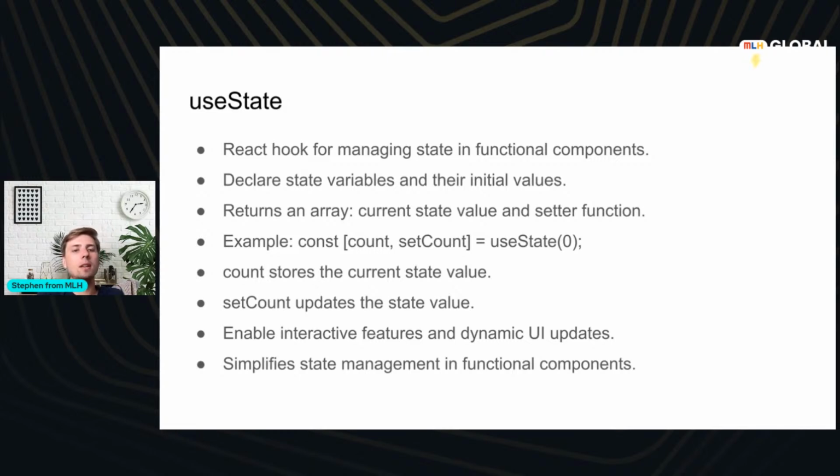Why do we do it in this functional way? Well, it allows us to enable interactive features in a simpler way. So by having this set count function and having a function to update values, it's simplifying your management of your states in the functional components.